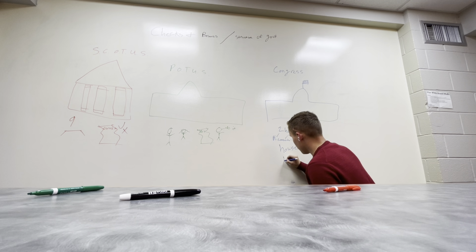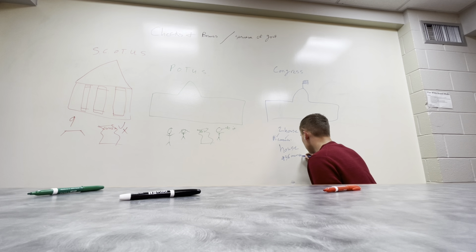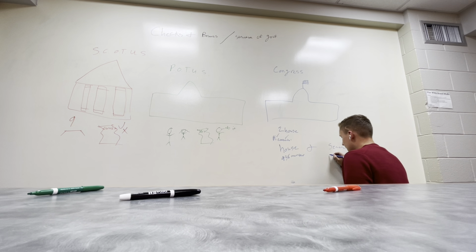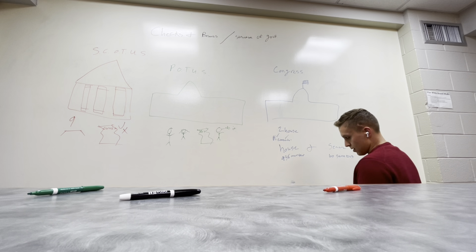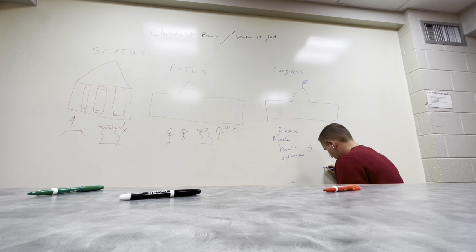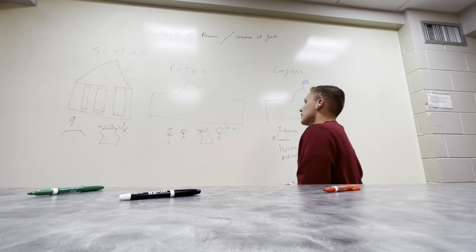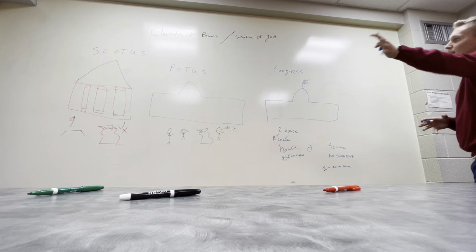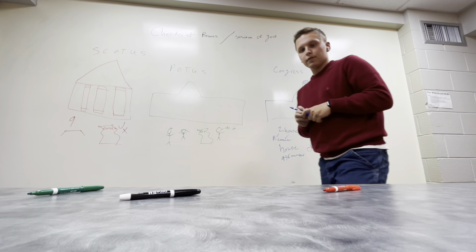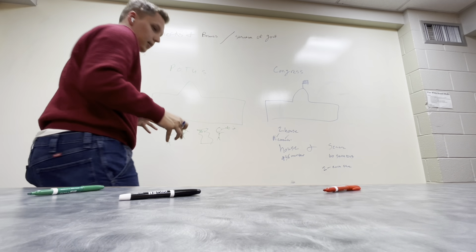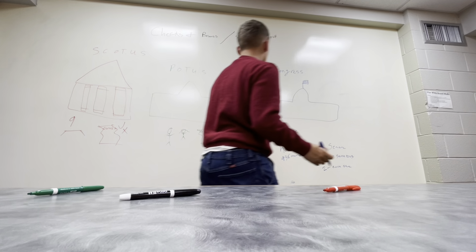The House is made up of 435 members, and the Senate is made up of 100 senators, and they get 2 from each state. Alright, so that is the basic structure of the federal government in the United States.